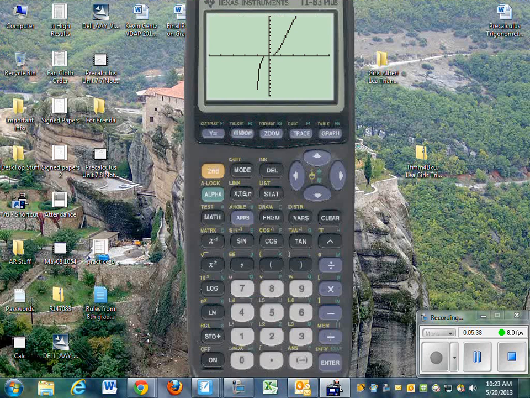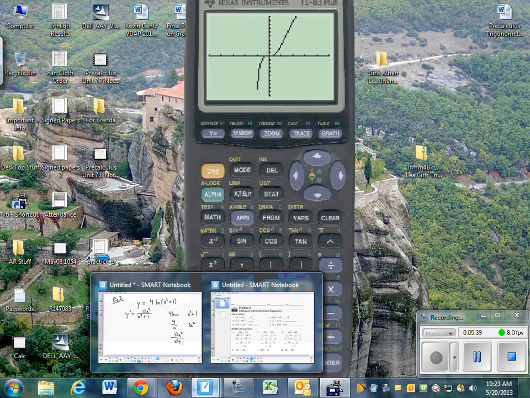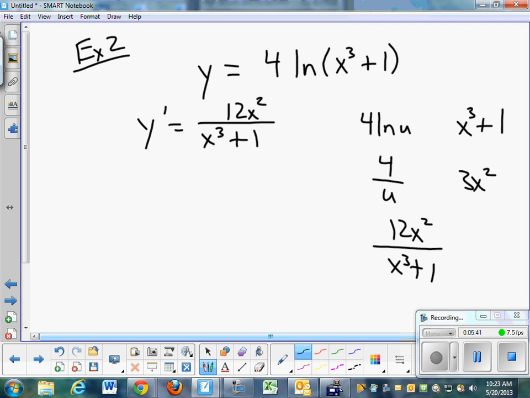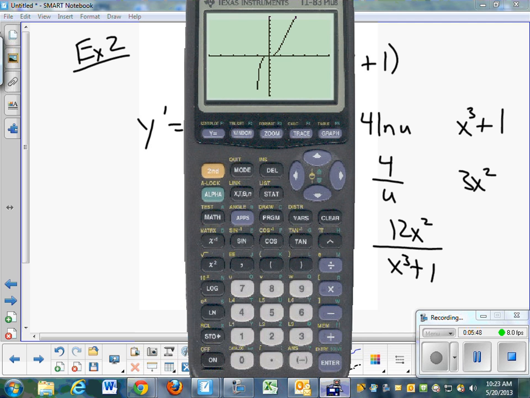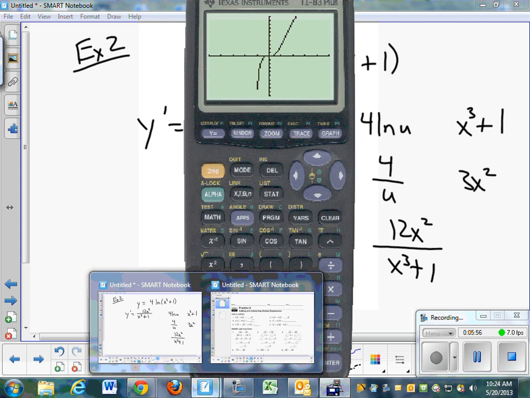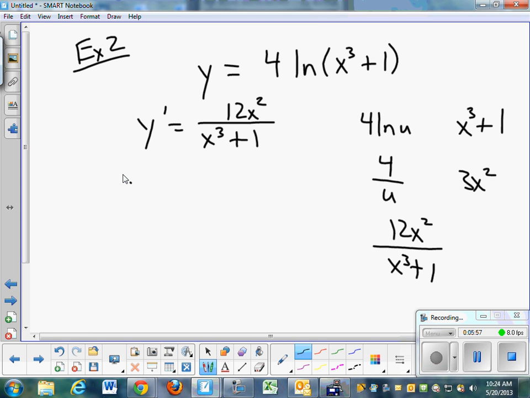As I found the derivative, I've simply found the rate of change at any given point. So if you want to know the slope of that function at 2, as you look at the graph, at 2, is the slope going to be positive or negative? Positive, and it looks like it's fairly steep. If you plug 2 into your derivative right here, you would come up with exactly what that slope is.